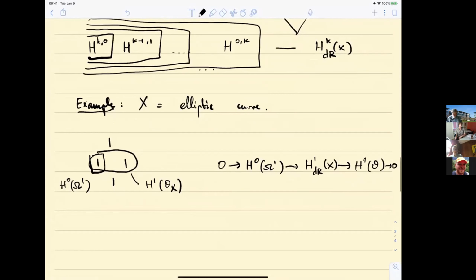It's completely canonical. What a splitting of the Hodge filtration means is splitting this short exact sequence.